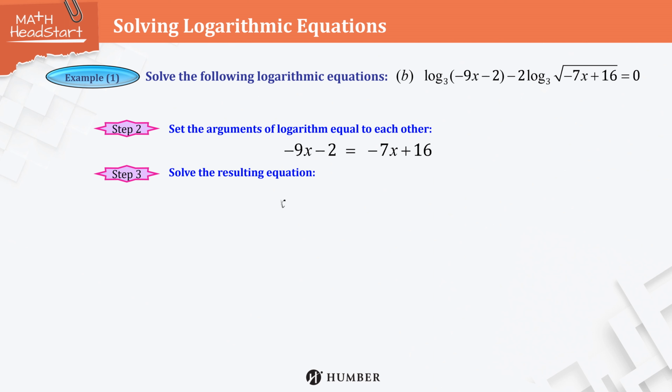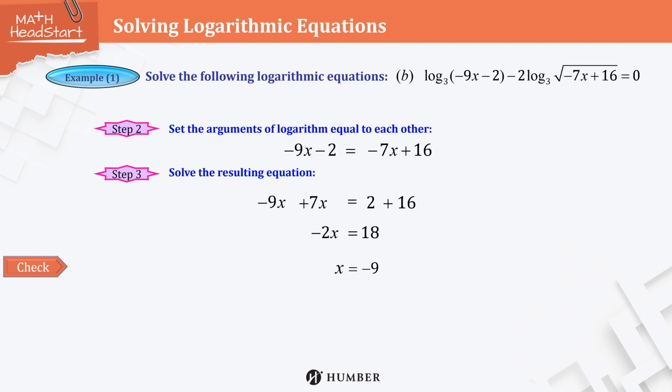Move the x term to the left and the constant term to the right. Simplify the equation as negative 2x equals 18. Finally, we divide both sides by negative 2 to get x equals negative 9.